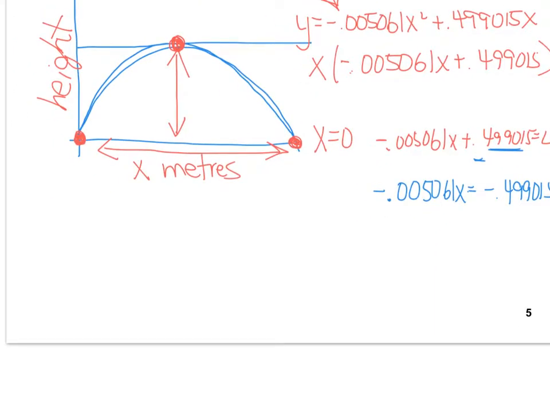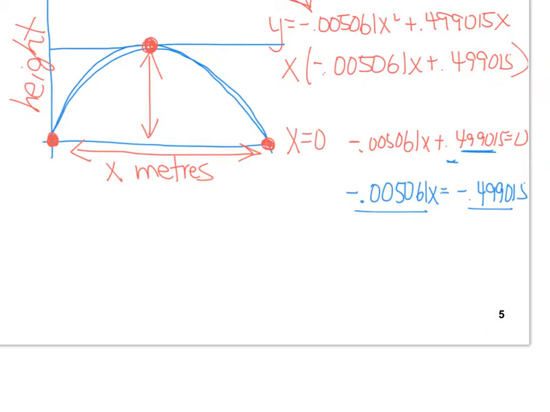And then to isolate x, we divide both sides by negative 0.005061. And x is going to equal, so you punch that in on your calculator, negative 0.499015 divided by that number, and you will get 98.6.